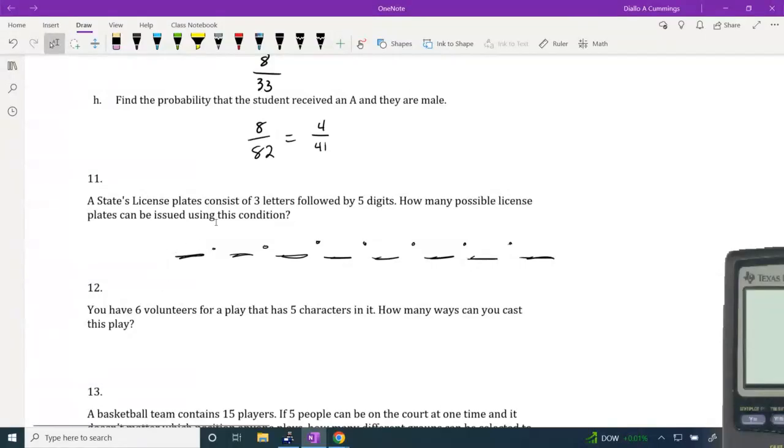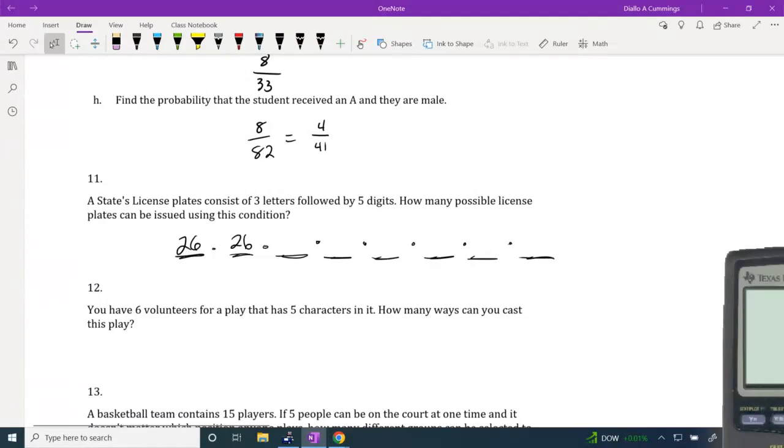So if the first character is a letter, how many choices of letters are there to choose from? 26, right? Right. So now in this one, this can include repeats, like you can have like AAA or BBB. All right, so it doesn't stipulate that the letters can't be used twice, right? So how many choices for the second letter?